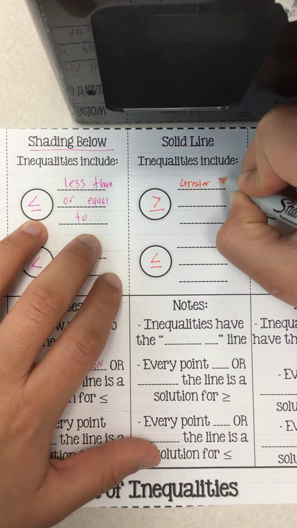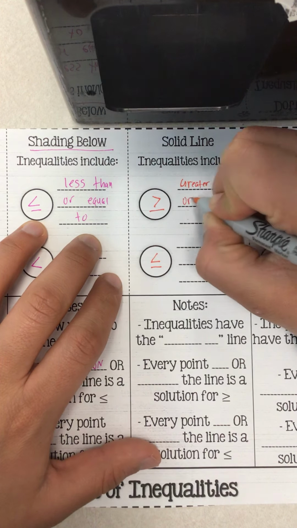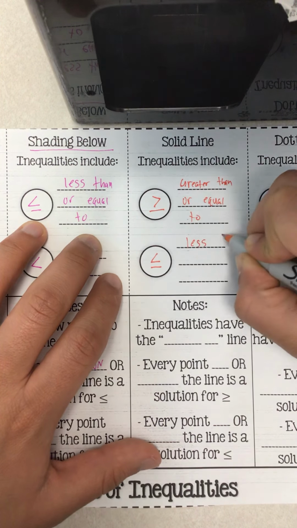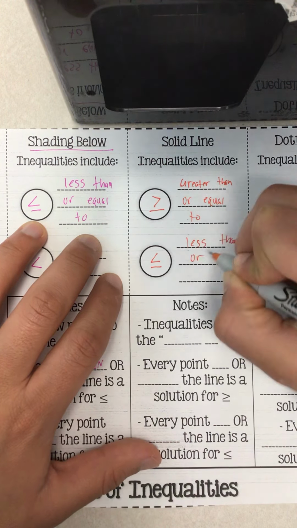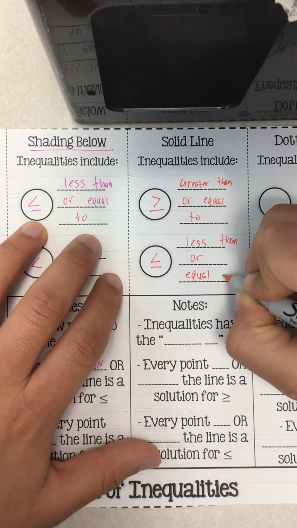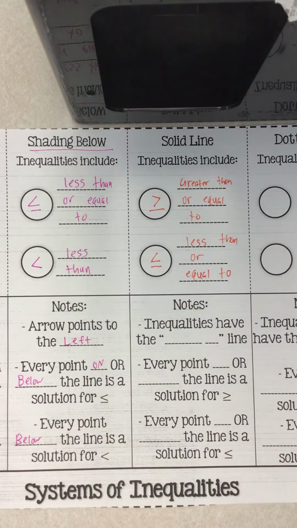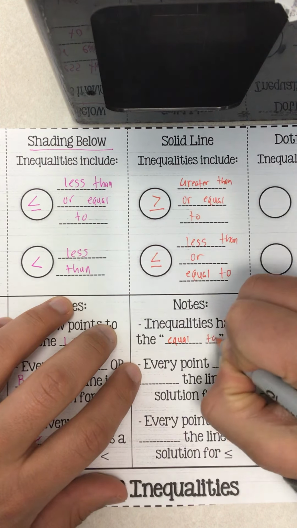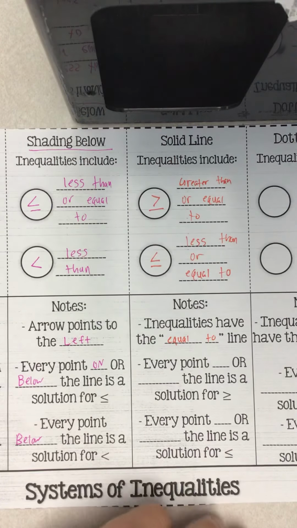Greater than or equal to, and then less than or equal to. Hopefully y'all see the pattern there. A note about these: the inequalities have the equal to line, right? They both have the line underneath.